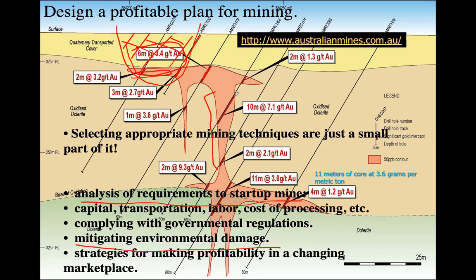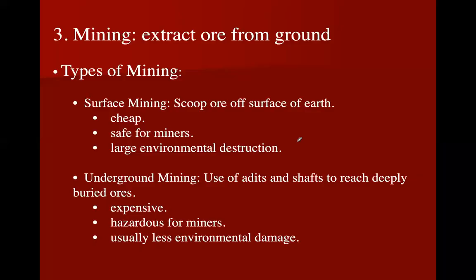So anyway, depending on the situation, you have to do a proper plan. Otherwise, it's very, very difficult to carry out. So appropriate mining techniques are the main important part of that, right? And so we have different types of mining, as I mentioned before, considering the cost as well.